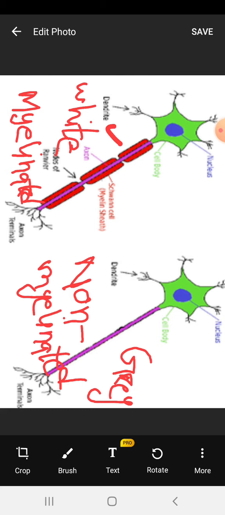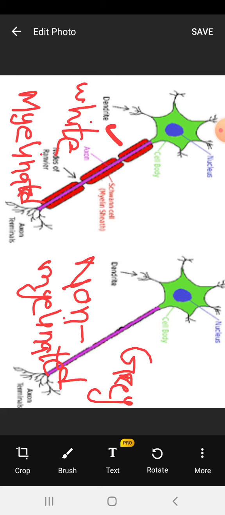It's the opposite, so you just need to remember the names. Myelinated, medullated and white nerve fibers are synonymous names. Similarly, non-myelinated, non-medullated or gray nerve fibers are synonymous names.